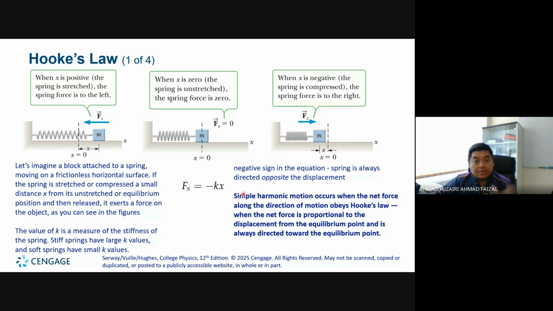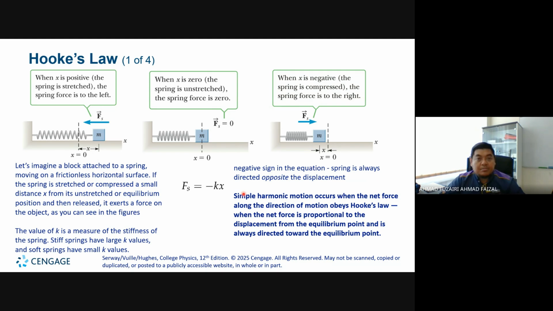When you pull the object to the right, the object wants to go to the left, back to the original equilibrium position.